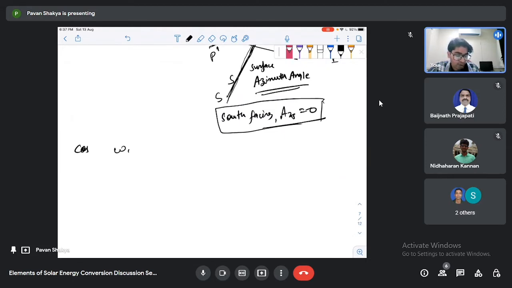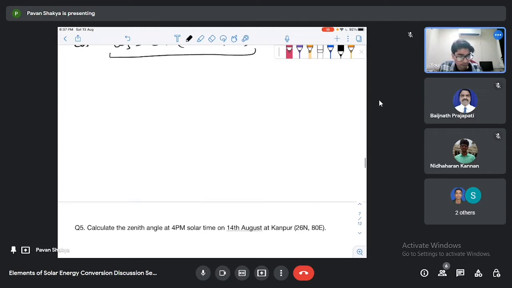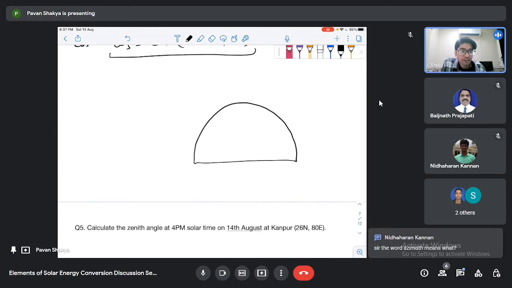We have written the formula for omega s, that is cos inverse of minus tan L dot tan delta. In this formula I have not taken any tilt angle for the surface. Now we have to see that if the surface is tilted, how the formula will change. I am trying to show you with the figure. Suppose this is our surface.